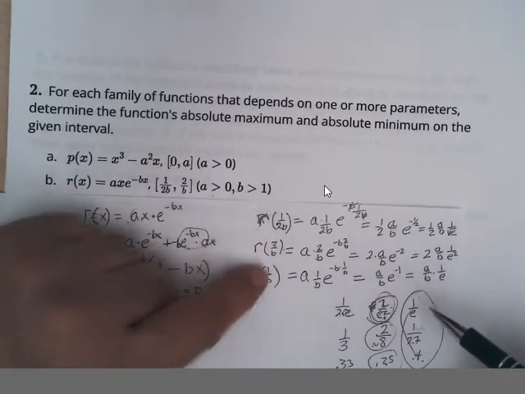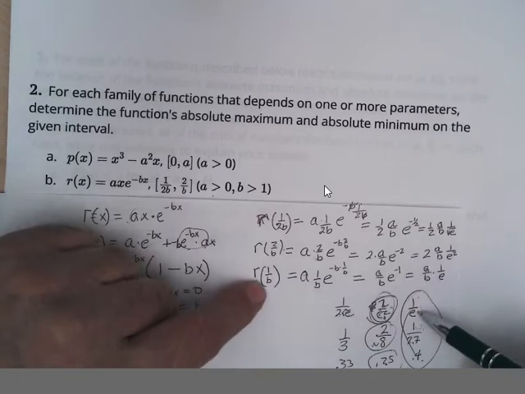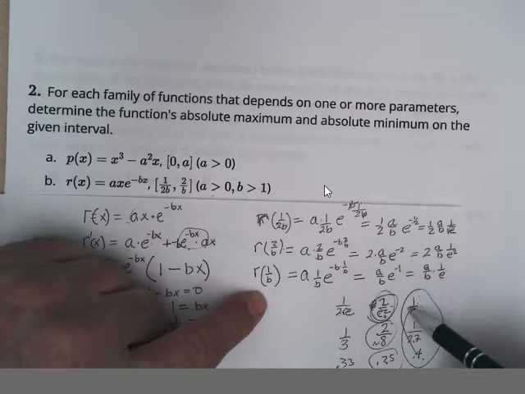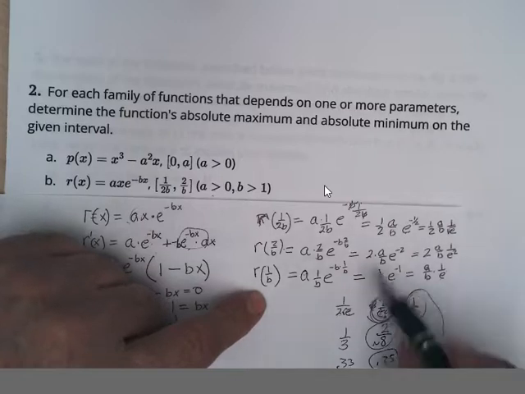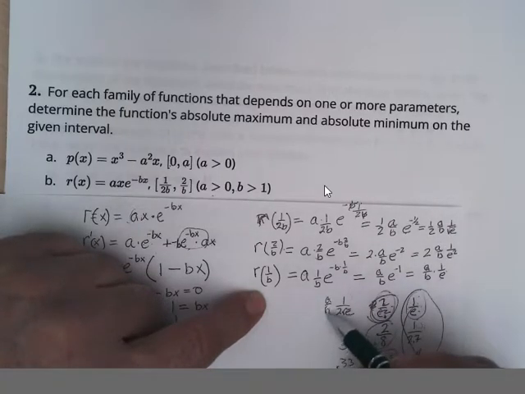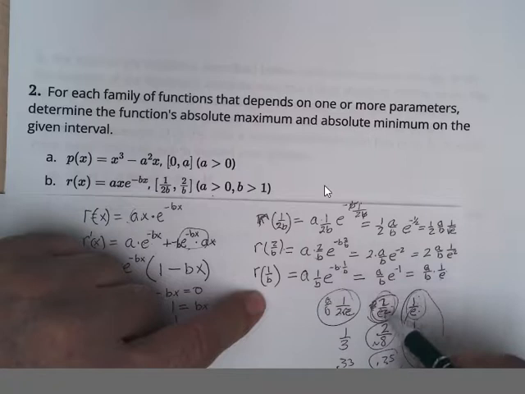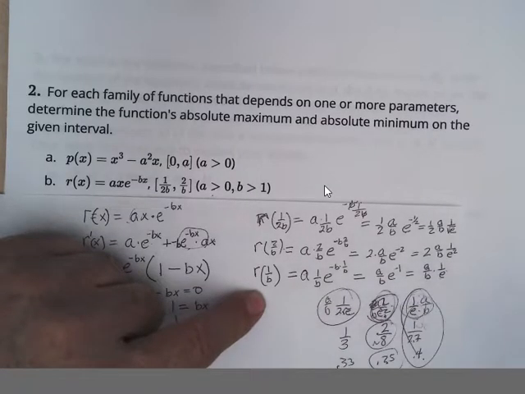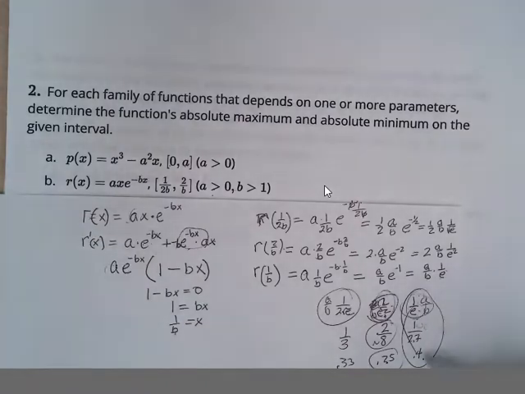The max happened at the last one, 1 over b. It happened, and it's this, and all these are times a over b, whatever they are. So this one's someplace in between. This is a over b times this is the min, and a over b times this is the max.